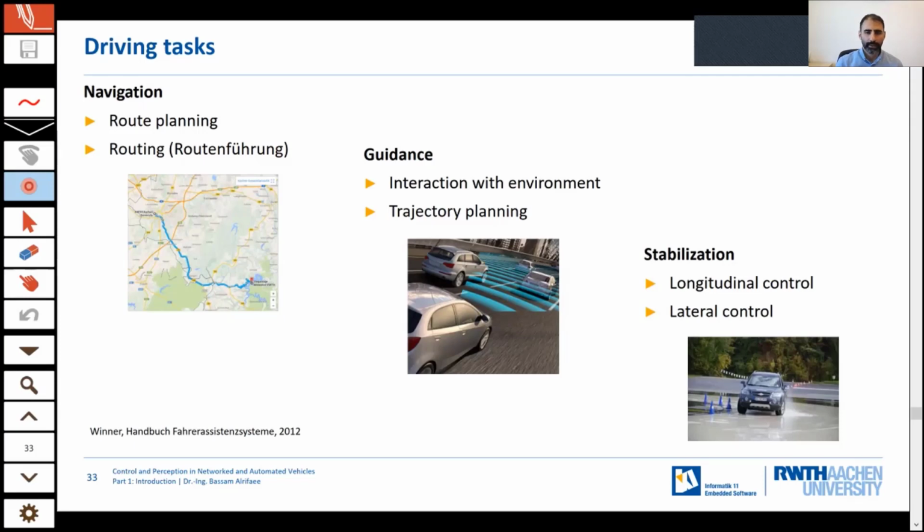So the third level is the stabilization. It concerns longitudinal control and lateral control, and it is safety related. And the first safety systems or assistance systems were developed for stabilization, because if the car isn't stable, we don't need to speak about the guidance and navigation, and to improve the feeling in the car if it is not stable on the road.